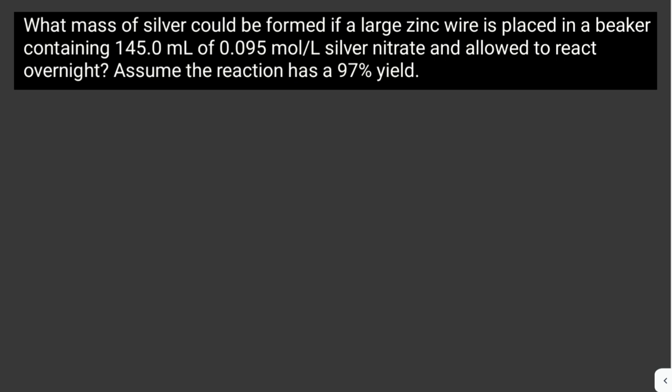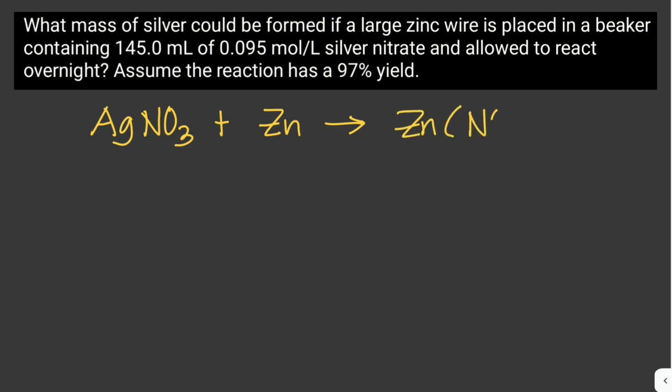So before solving this problem, we need to write a balanced chemical reaction. We have silver nitrate and zinc reacted with silver nitrate, and this produces zinc nitrate and silver.